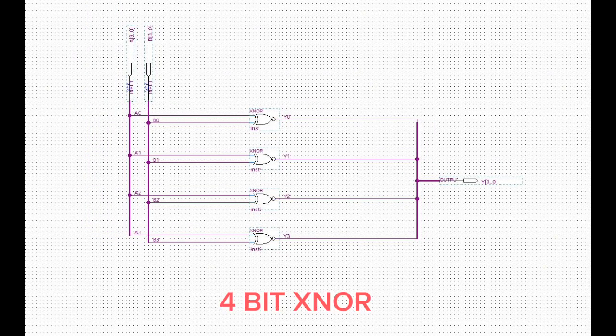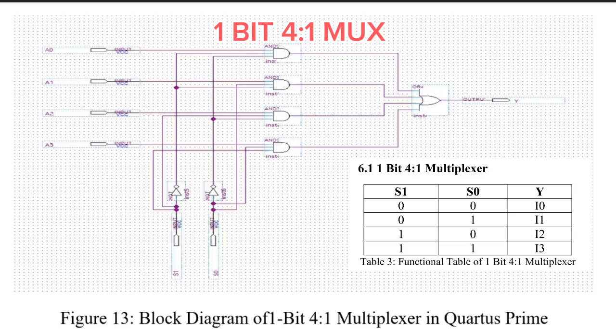The XNOR operation is just the complement of XOR, and it produces a logic high output when the input bits are identical. The outputs of XOR and XNOR are then connected to the multiplexer.